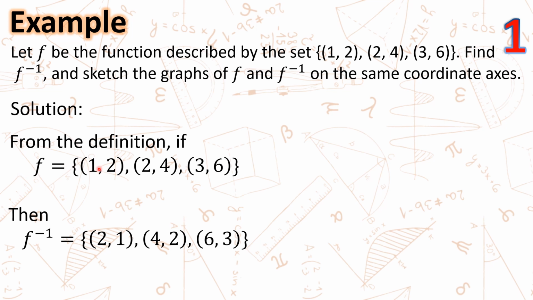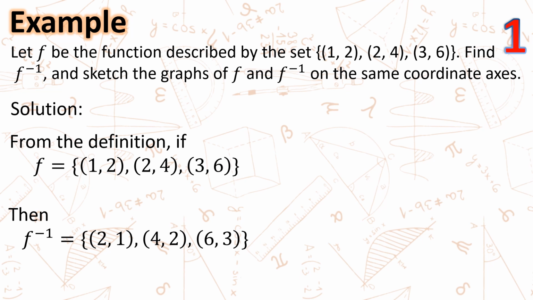Notice how the ordered pairs (x, y) are switched in the inverse of f. (1, 2), x is 1, y is 2. In the inverse of f, it becomes (2, 1). The x coordinate now becomes 2, and the y coordinate now becomes 1. So the ordered pairs are simply switched.